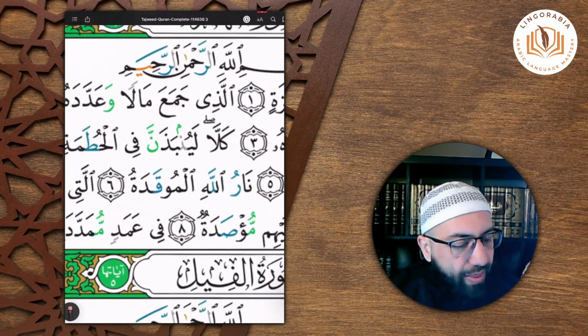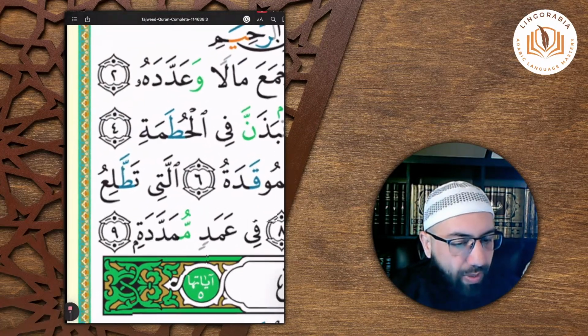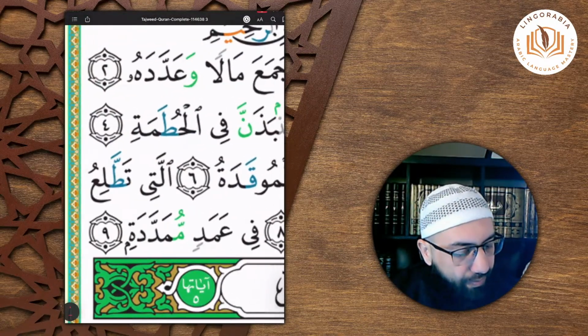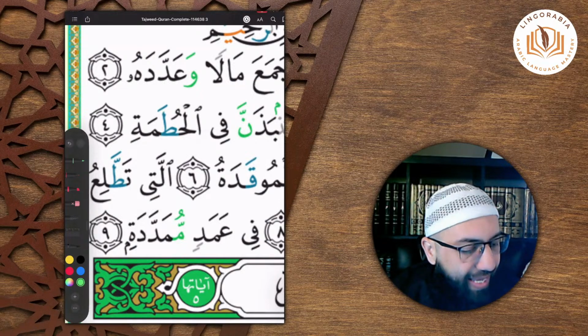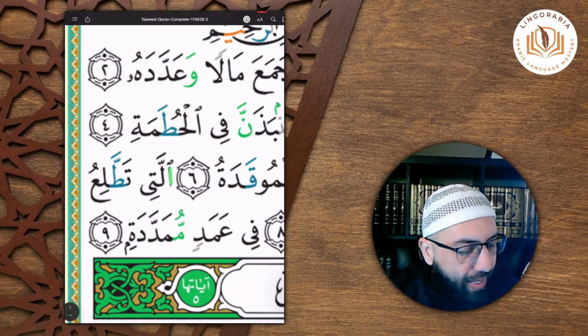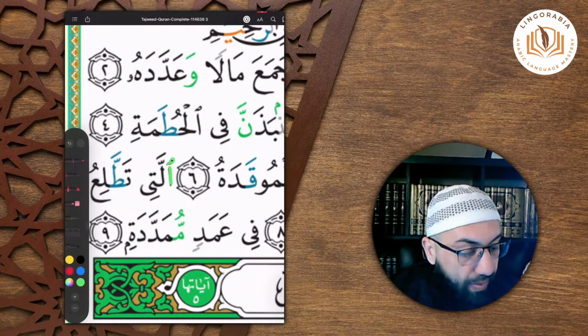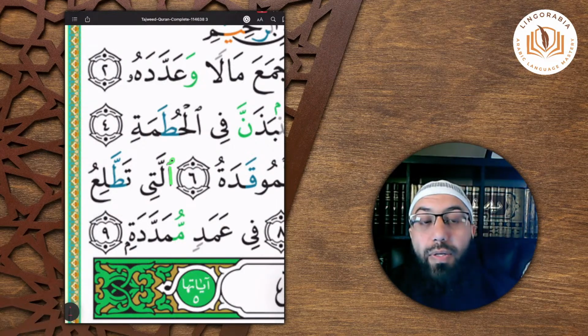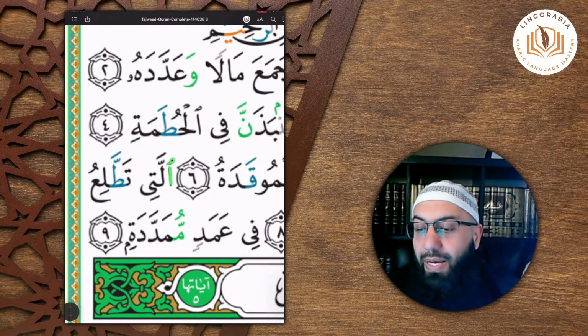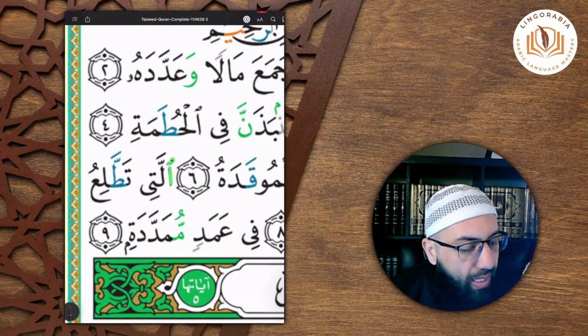Then we go to the next one, guys. Now we see again hamzatul wasl. But now the situation is different, because hamzatul wasl comes at the beginning. So here we have to pronounce it, and because it is before the lam, we pronounce it as a hamza with a fatha.